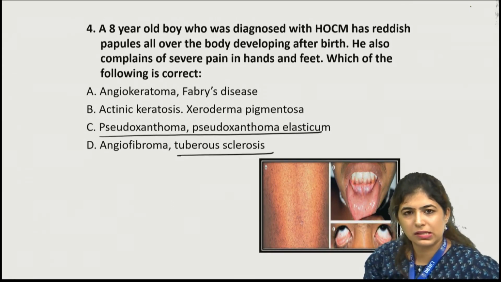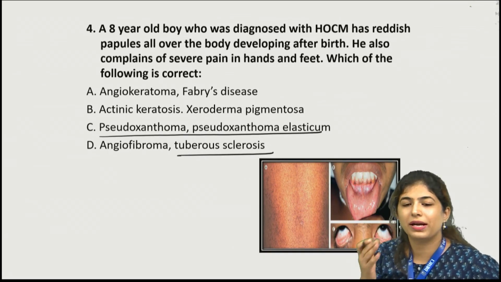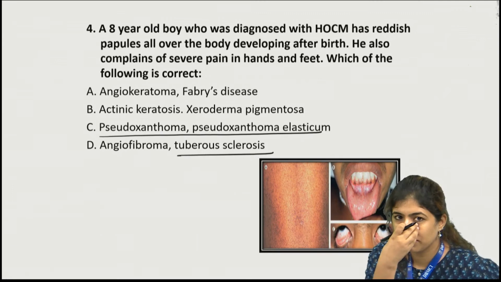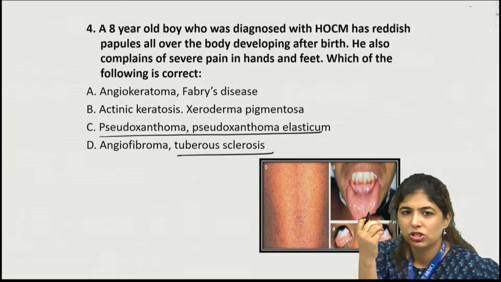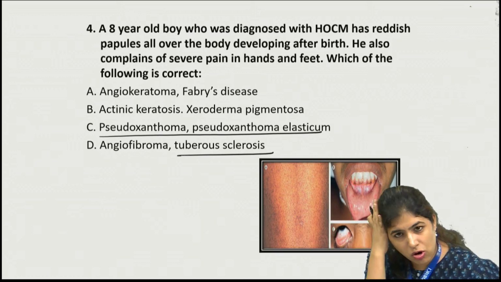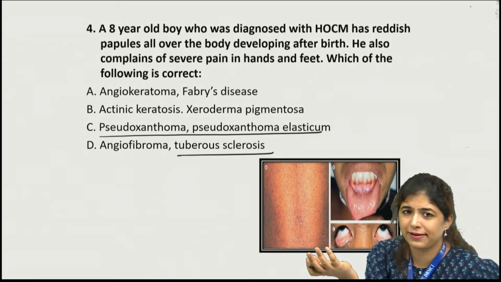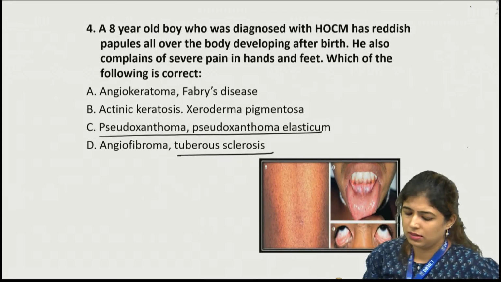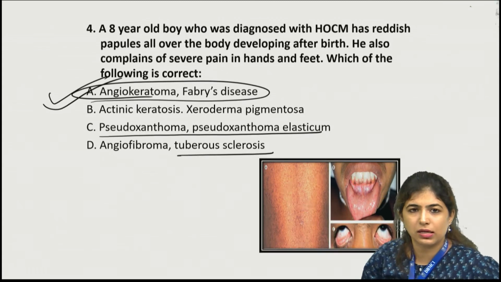Tuberous sclerosis, genodermatosis, you get adenoma sebaceum, ash leaf macules, shagreen patch, ependymomas, cortical tubers, autosomal dominant inheritance. So even by exclusion, this is your answer.